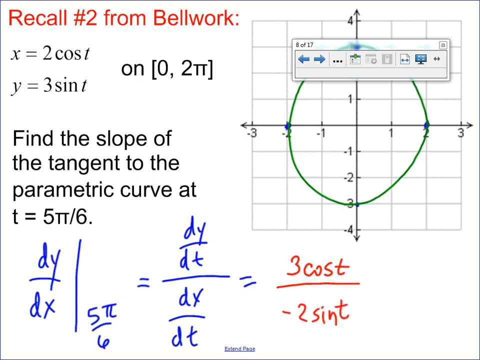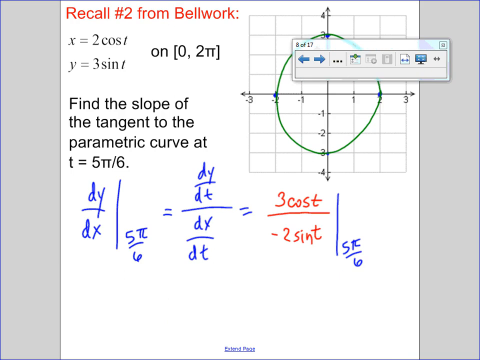Awesome. So we know that our value of dy/dx at 5π/6 is simply that expression evaluated when t equals 5π/6. So let's see what we get. Ready? Go.